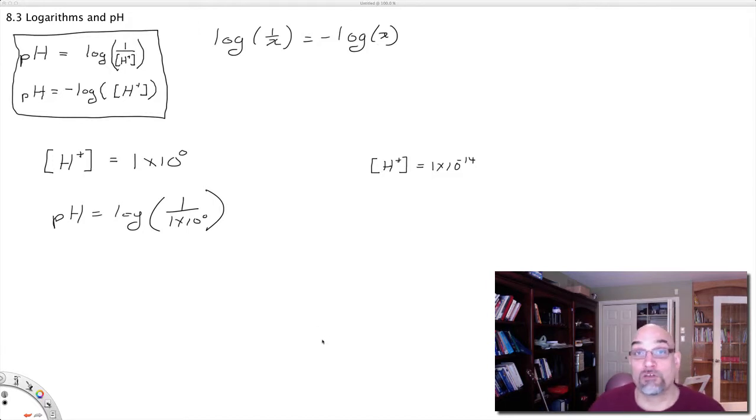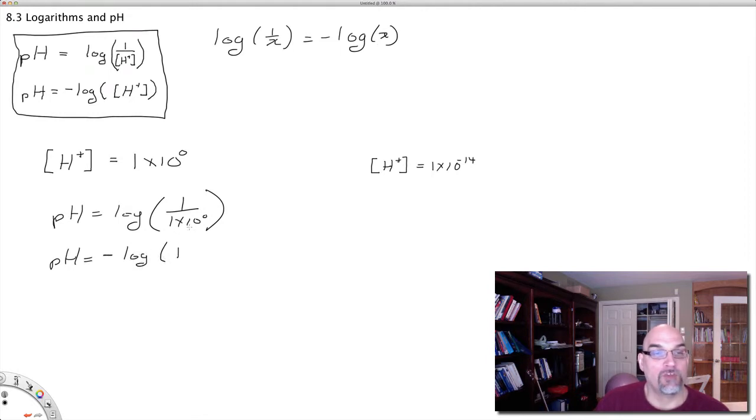You should do a few more checks on that just to verify it for yourself, and if you're interested, you could look up the proof of that on YouTube, I'm sure, or ask me and I'll talk to you about it. Anyways, so we know this, so we're going to use that. So the pH is equal to the log of 1 over the hydrogen ion concentration, which is equal to the negative of the log of 1 times 10 to the 0.